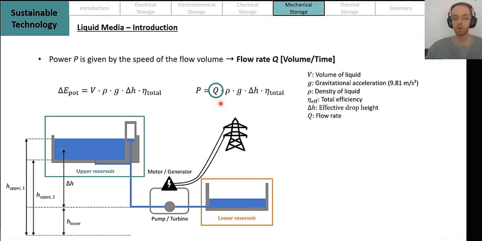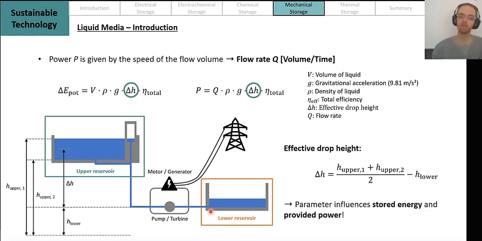Basically, how quickly we're flowing water from the upper to the lower reservoir. Obviously, if we flow twice as much water from the upper to the lower reservoir, we will double our power because we will be able to run maybe another turbine, or our turbine will be bigger or something like this.